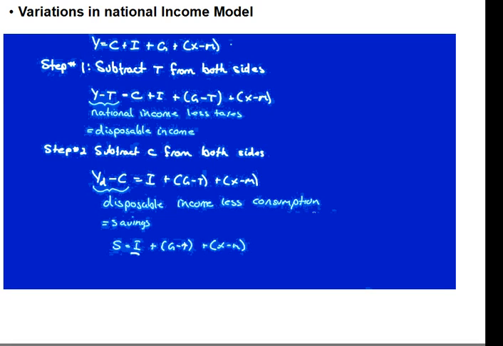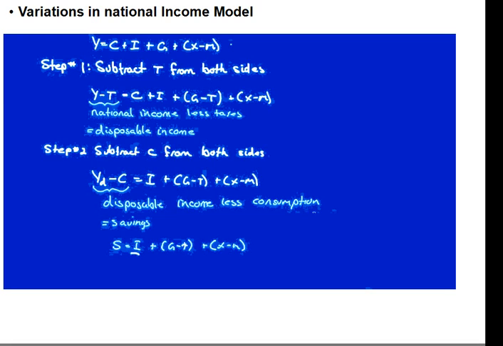On the left-hand side we have Y minus T, which is equal to C plus I plus G minus T, plus X minus M. So this is national income less taxes, which is equal to disposable income. This is the disposable income which consumers have, and this is C plus I, and this is the fiscal balance, and this is the trade balance.